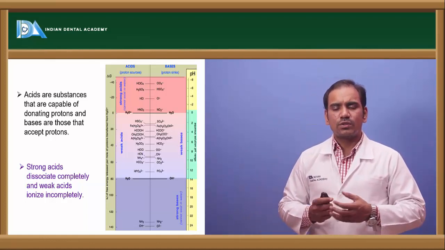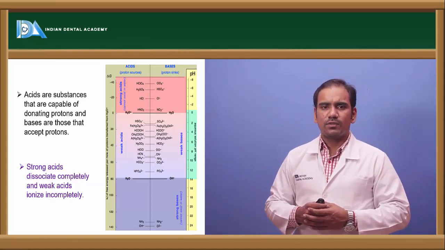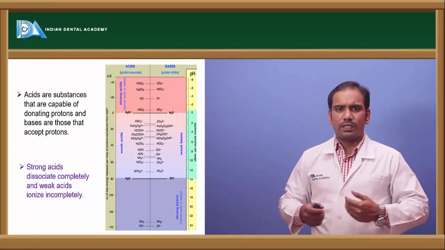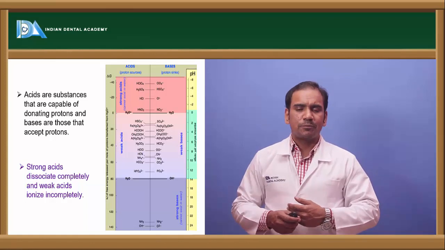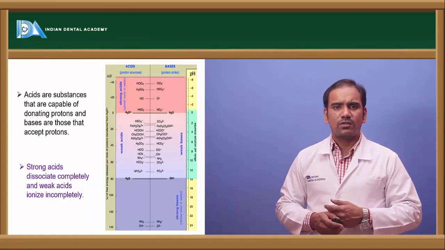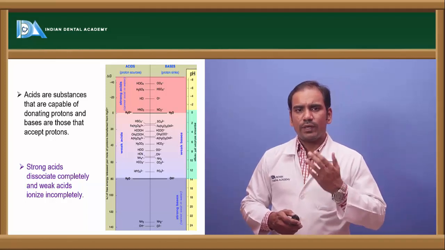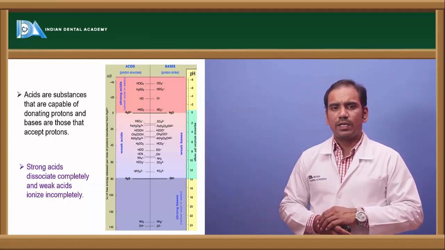When an acid dissociates completely, we call it a strong acid, and when it dissociates incompletely, partially, we call it a weak acid. The pH at which it is half ionized is called the pK value.